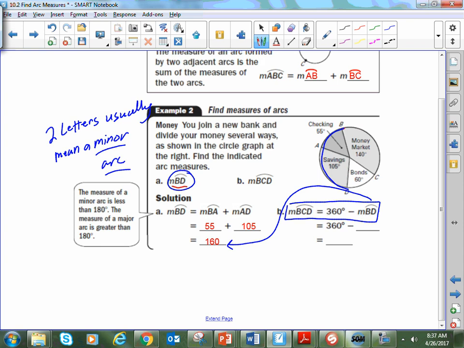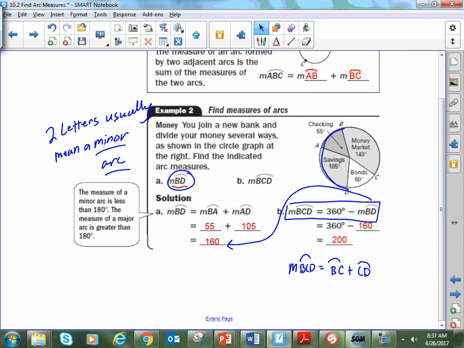But I could also say that the measurement of arc BCD is equal to arc BC plus arc CD. We could have just added those 2 things together and gotten 200 that way also.